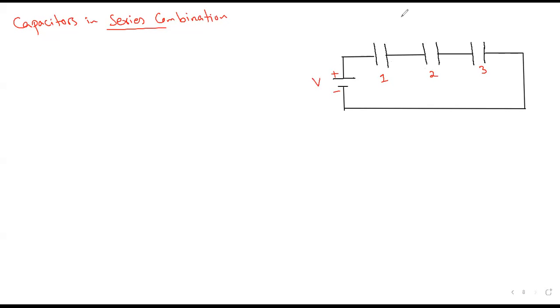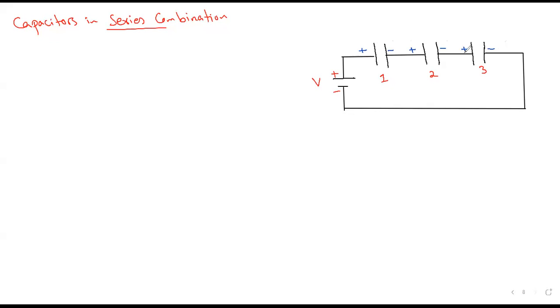Since this plate is attached to the positive terminal of the battery, it will gain positive charge, and in turn the other plate will get negative charge, as a phenomenon of induction.